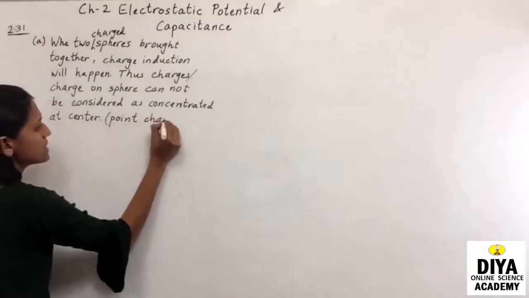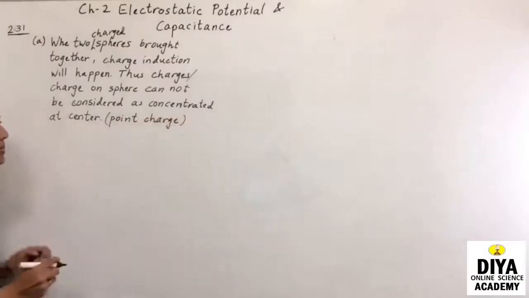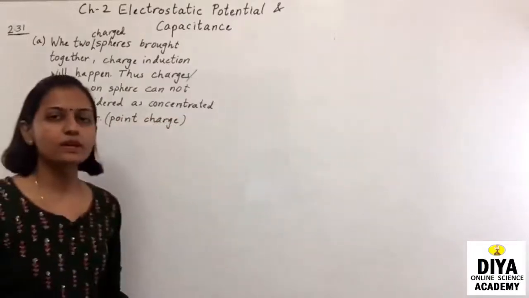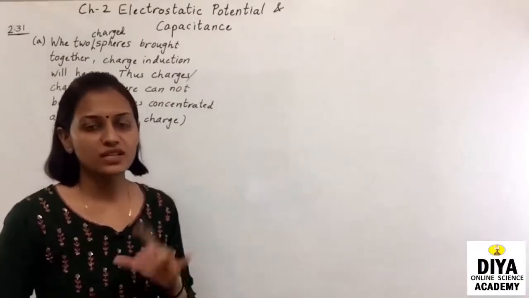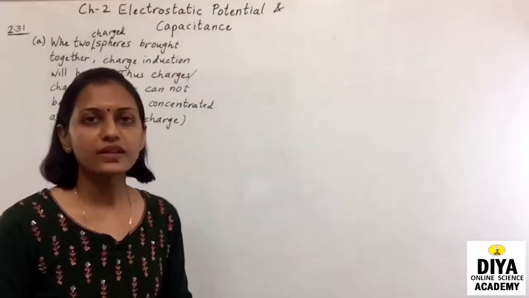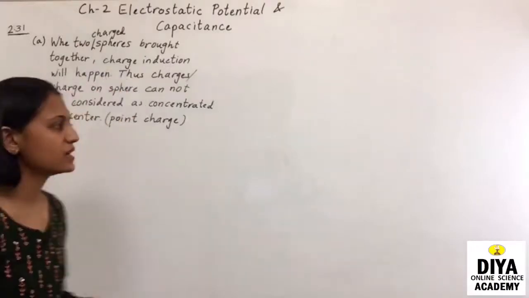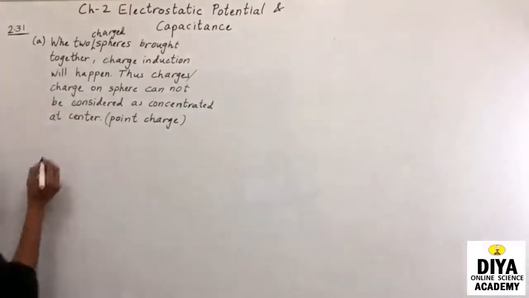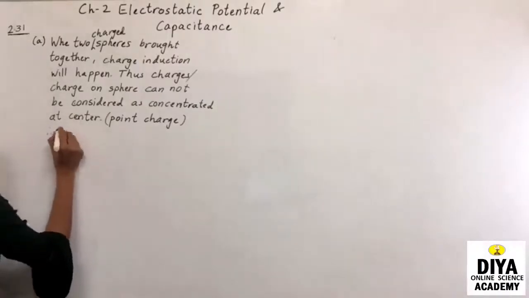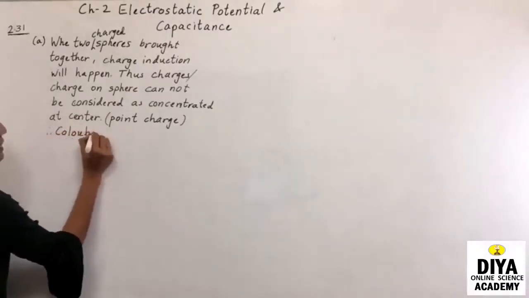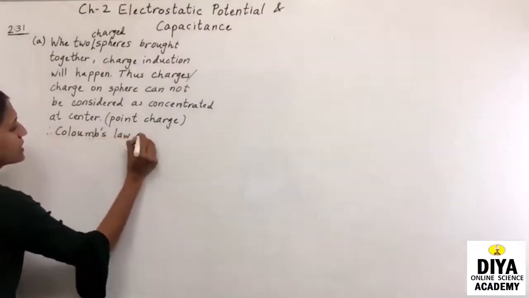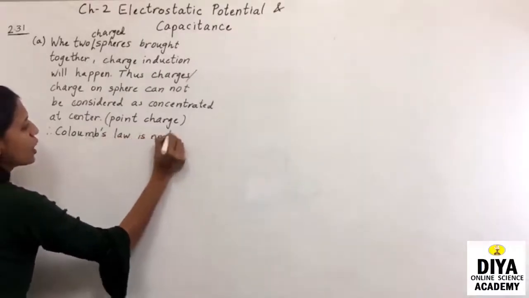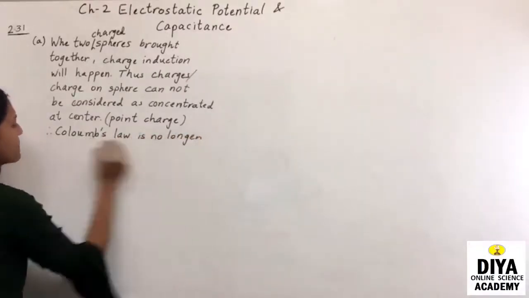There is a limitation of Coulomb's law that it can only be applied if the charges are stationary and can be considered as point charges. Here they cannot be considered as point charges. Therefore Coulomb's law is no longer applicable.